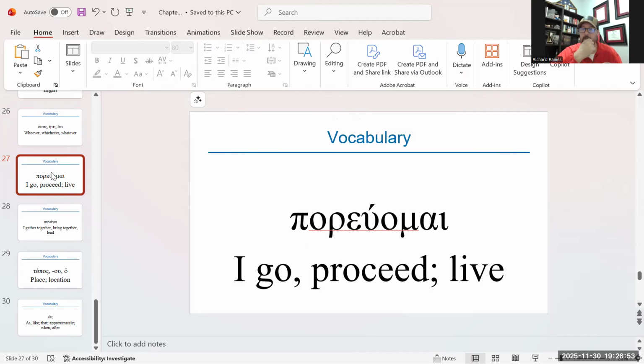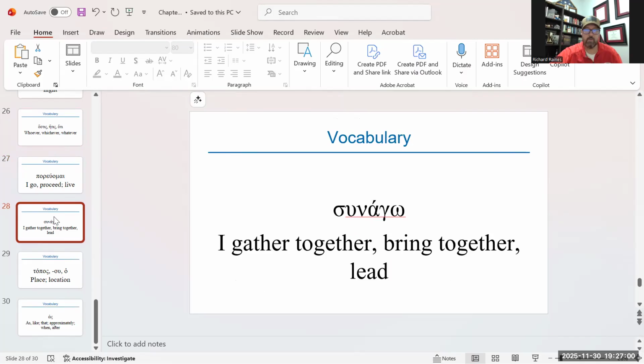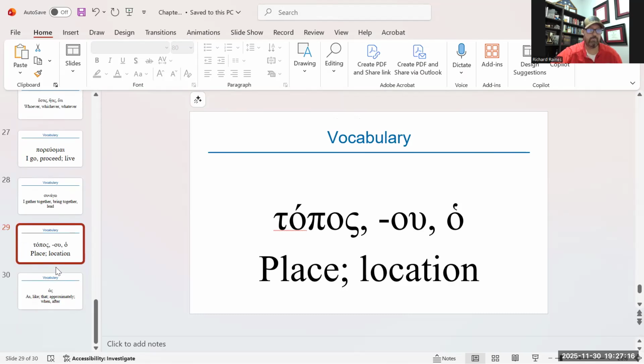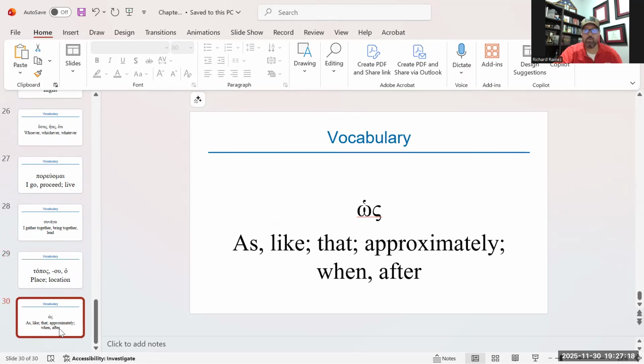There's another word that you're learning the lexical form in the middle, the present middle. Sunago means I gather together, I bring together, or I lead. Topos, like topographical map, a place or a location. And then hos means as, like, that, approximately, when, or after.